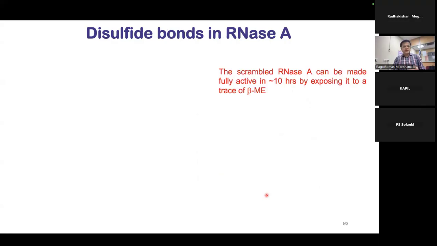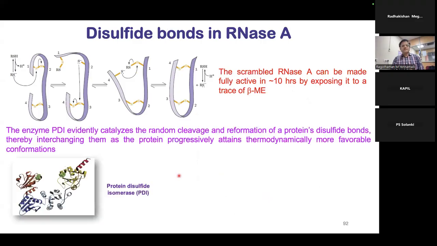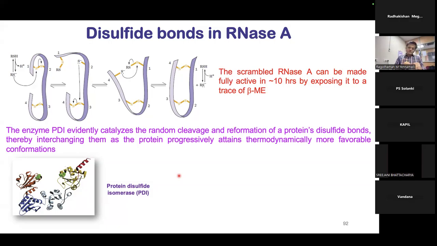So this gave the idea that once you denature or partially denature, there is a rule that certain disulfide bonds form first, and it doesn't matter which two are forming. As soon as the first two form, the rate at which the second disulfide bond forms is much faster.